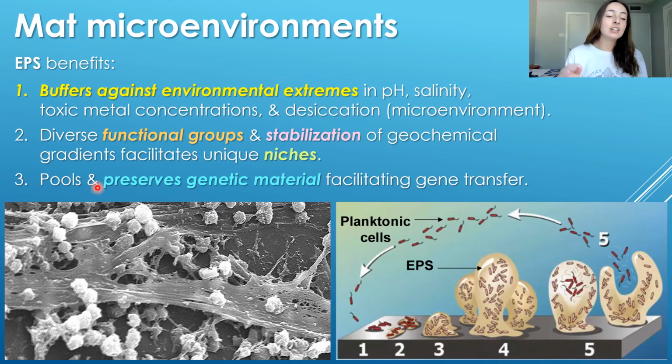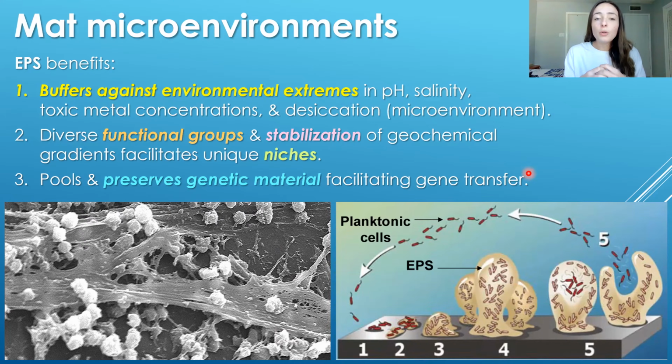The third reason here is that it pools and preserves genetic material. This is also true of nutrients and cations that microbes need, but I've talked about that in previous videos. But it not only pools and preserves nutrients, but also genetic material, facilitating gene transfer. And right about now, you might be thinking, oh my gosh, it's like this biofilm or EPS encompassed bacterial communities are one organism.